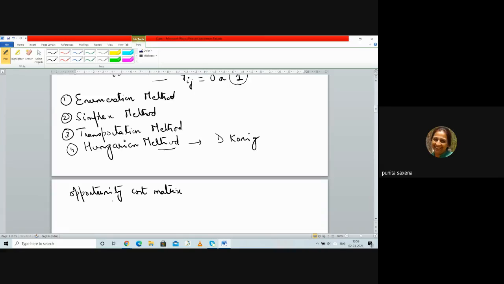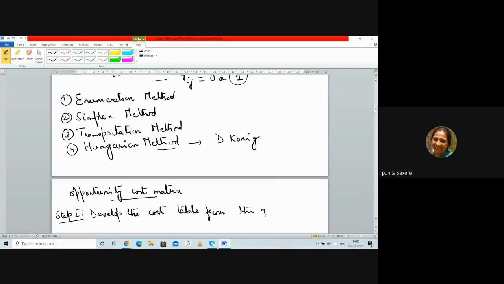So the very first step, while following the Hungarian method, is to develop the cost table for the given problem. If the table is given, fine.